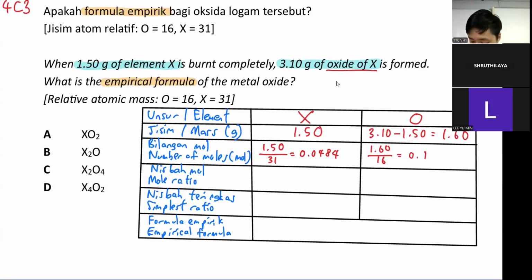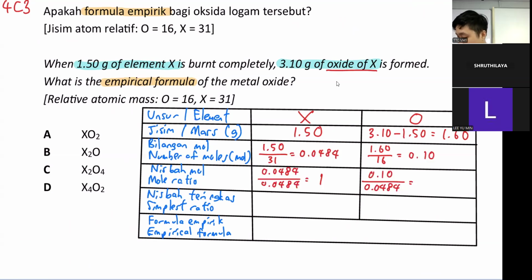So both divide by 0.0484. For X it's 1, obviously, the same thing divided is 1.